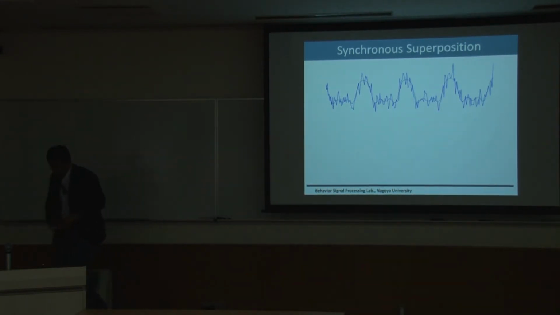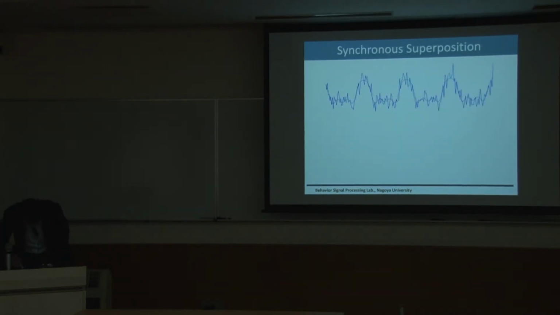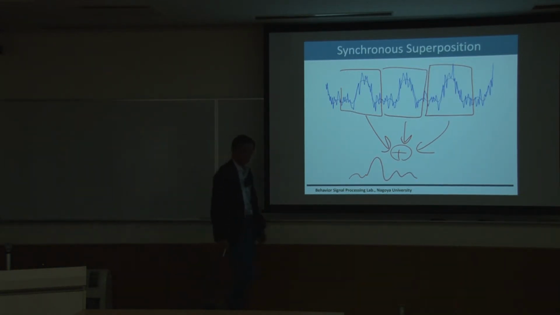So if you extract this part and this part and this part and sum them up, then you're going to get a less noisy signal. So this is another version of multiple observation of the noisy signal, or in other words, comb filtering.